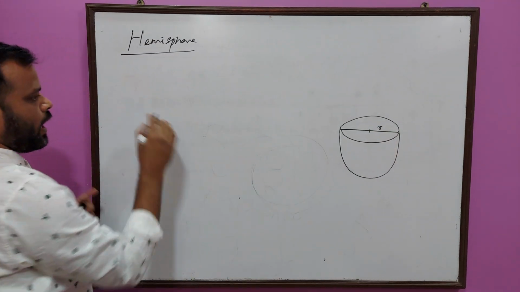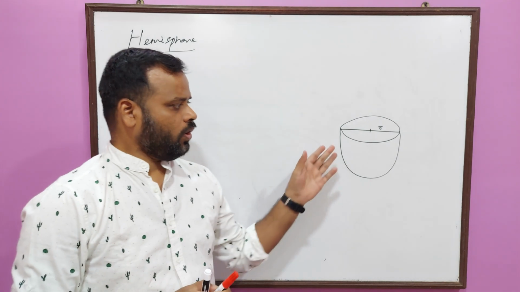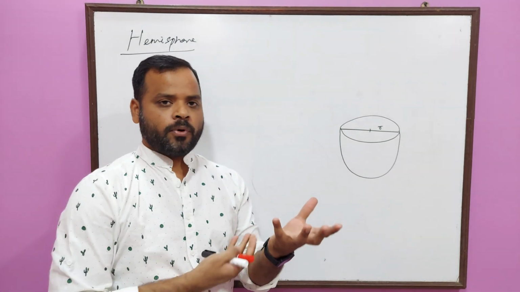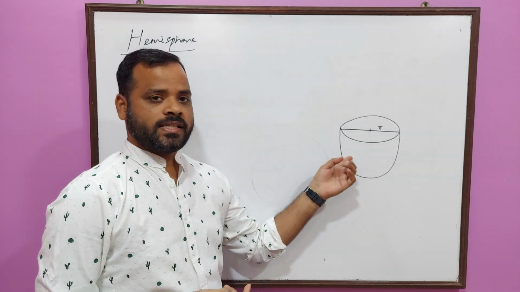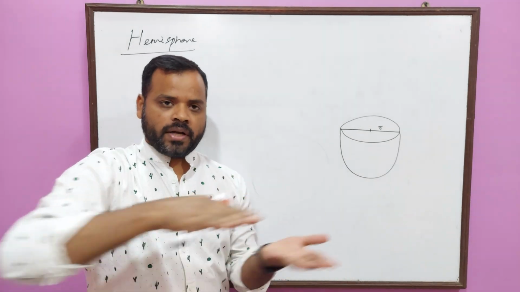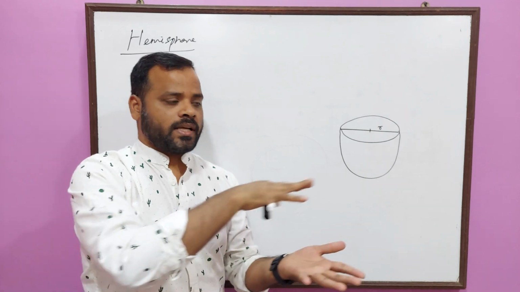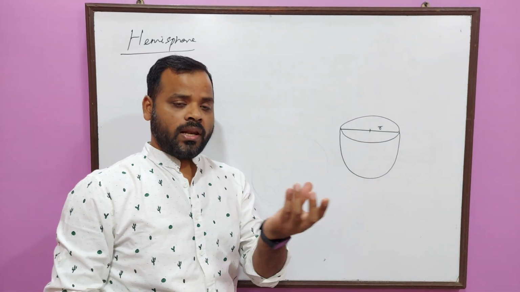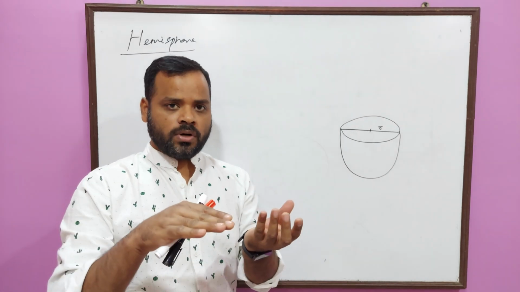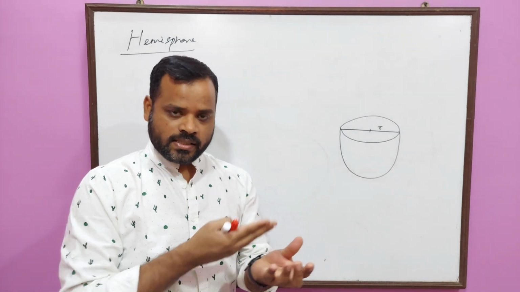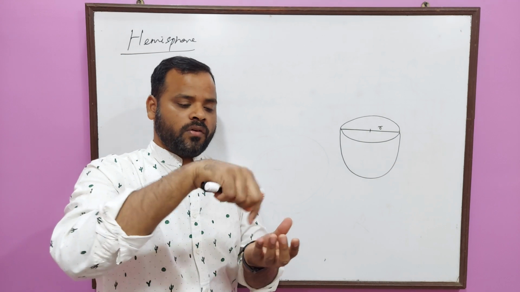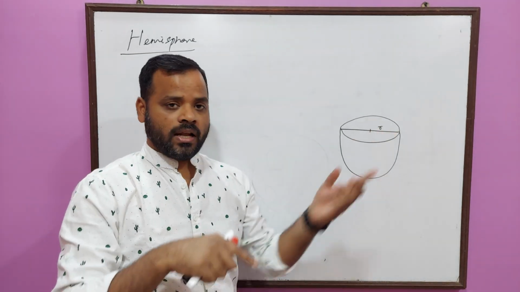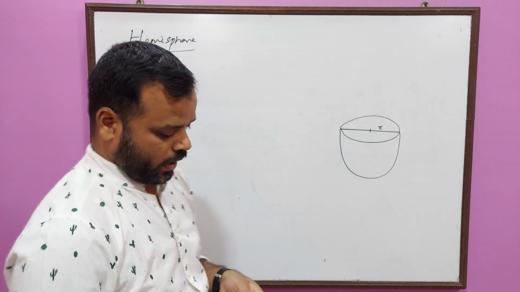To understand the hemisphere, you have a watermelon. The green portion is the CSA, and the red portion, when you cut it into half, is the flat surface. It's a circle, pi r square. Similarly, when you cut a lemon into two halves, the yellow portion is the curved surface area, and where the juice comes from is the flat circular surface, pi r square.